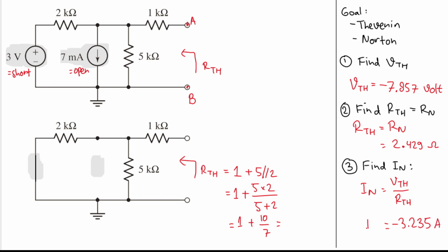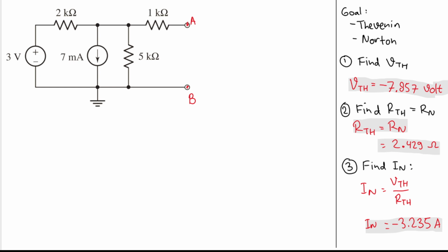So that is our important values. So we have 3 important values, VTH and then the resistance, both of them, which is this value here, and also IN. And the last thing that we need to do is to draw the equivalent circuit.